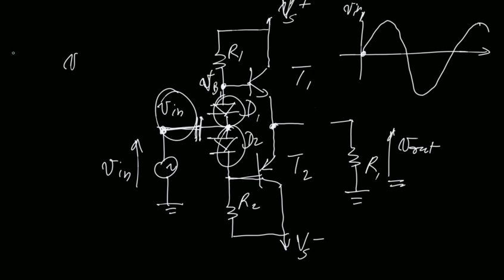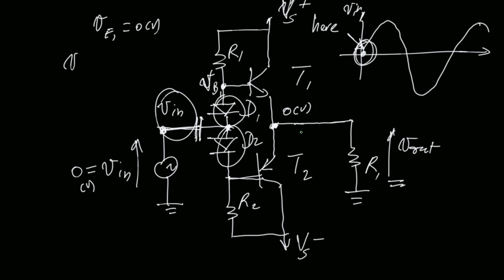Okay, let's come back and just tie a wire in here. So let's just say that the voltage here is 0 volts, and Vin also is at 0 volts. We are at this point here. So Vin is 0 volts, Vout is 0 volts. That means the voltage at the emitter of T1, VE1, is also 0 volts.